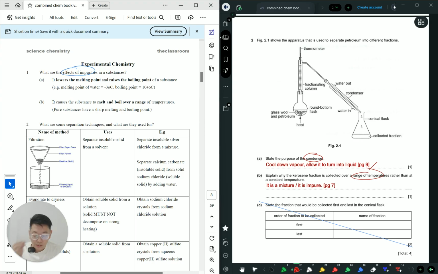It will cause your substance to lower melting point and raise boiling point, number 1. It will cause it to melt and boil over a range of temperatures, number 2. So here, range of temperatures, why? Because it is impure, or you could say it is a mixture. Either way will work. So that is another 2 marks.